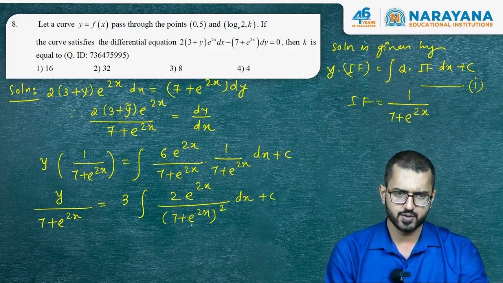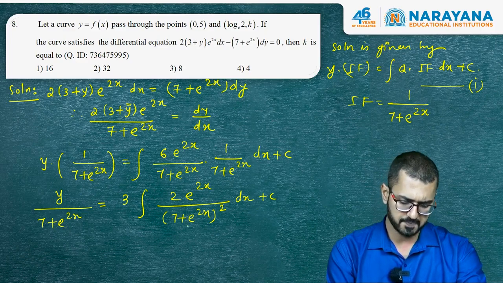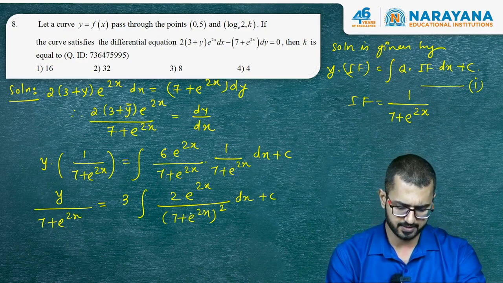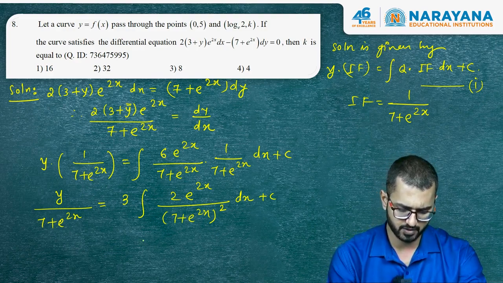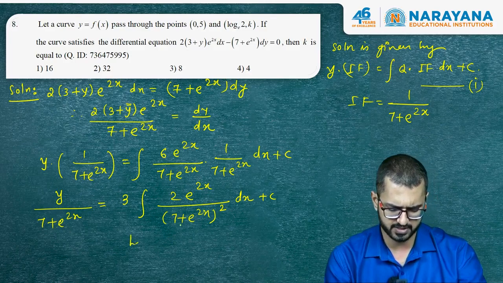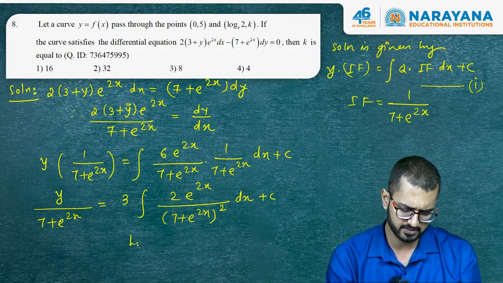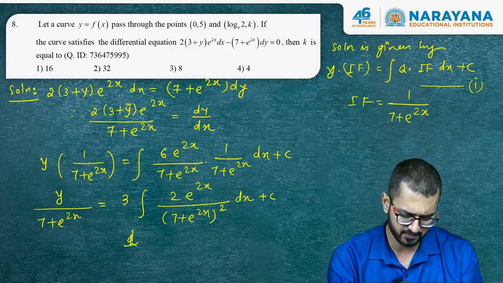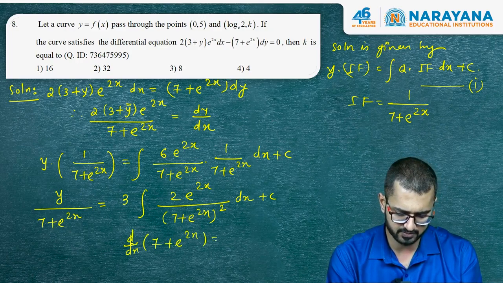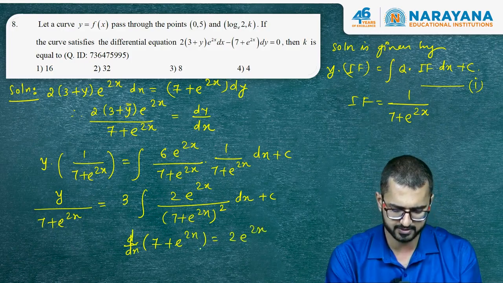So now the task is to find the integration of this term. Basically this requires a substitution. No, substitution is not required, I guess, because if you see the derivative of 7 plus e power 2x, it turns out to be 2 into e power 2x.